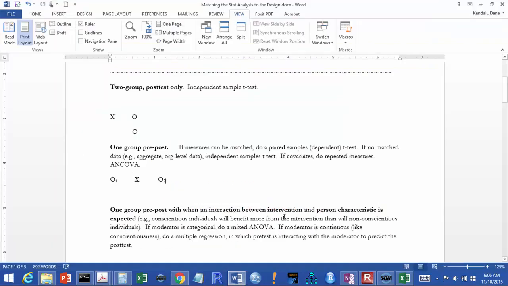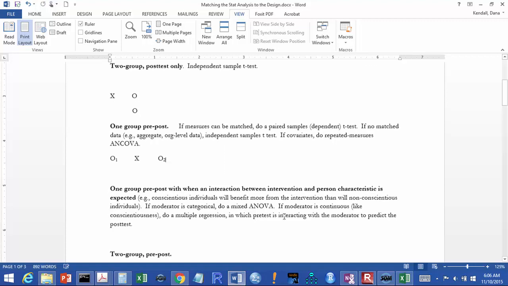I highly recommend that book because it walks you through exactly how to conduct an ANCOVA analysis and what to look for and how to interpret that data. So if you ever need it, that's the resource that I would go to.